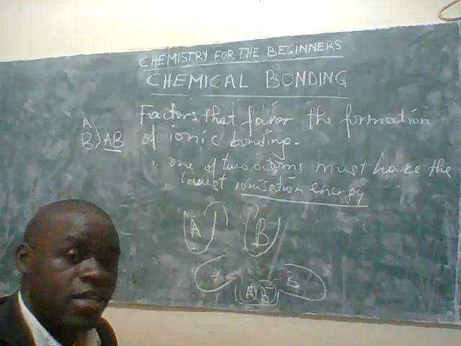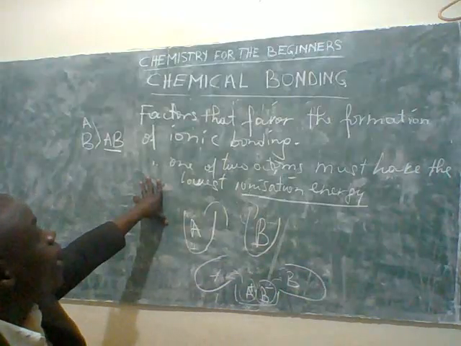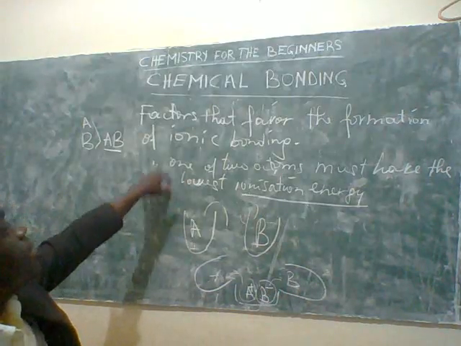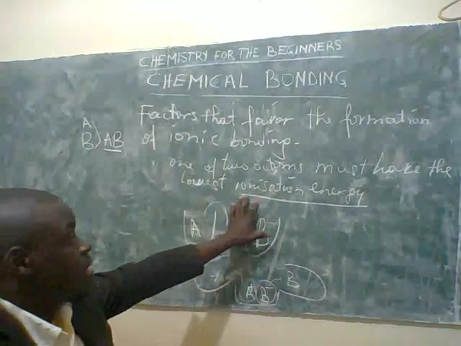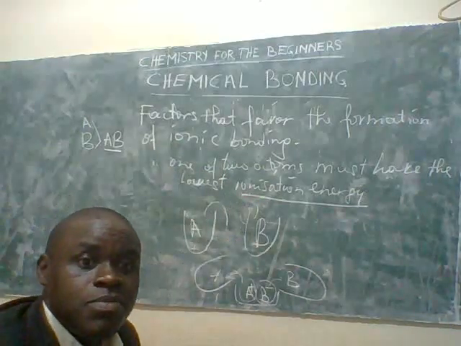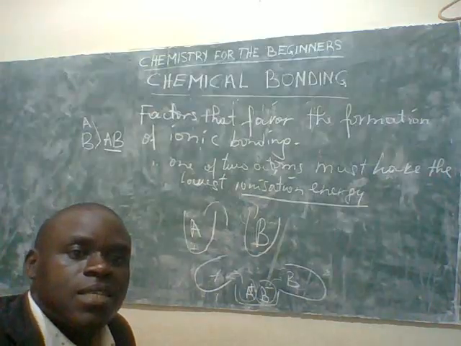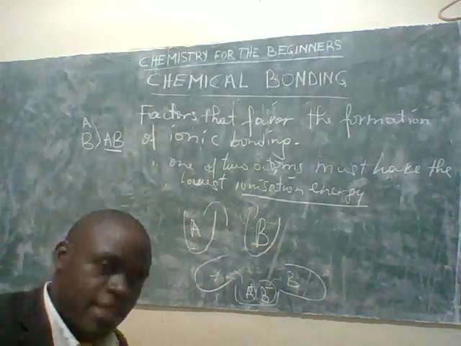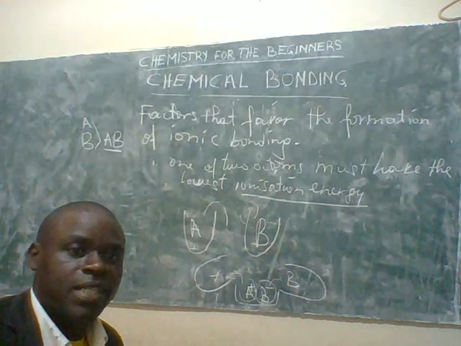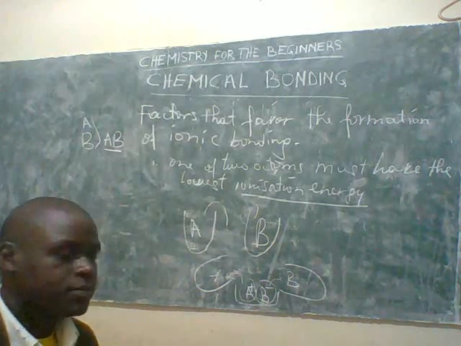So to make sure it is an ionic compound, this ionization energy must be the lowest of that atom.